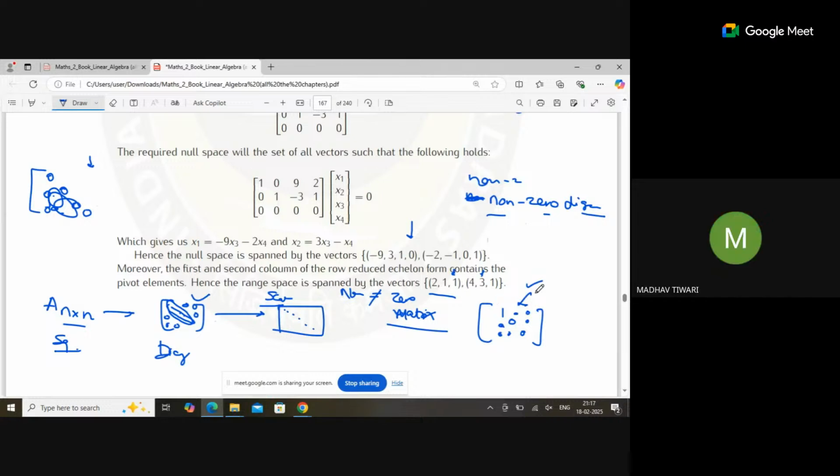Maybe all elements are non-zero, maybe some of them, but at least one is there. Non-zero means it should not be equal to the zero matrix. So in the broad sense, the zero matrix is a scalar matrix. Okay, thank you.